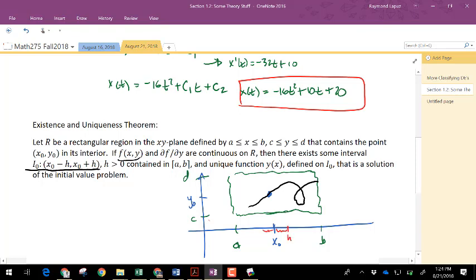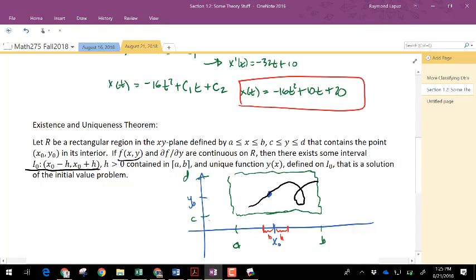Oh, this is h. This is h. So from x naught, if I go h units to the left and h units to the right, that's what this is saying. X naught minus h to x naught plus h.